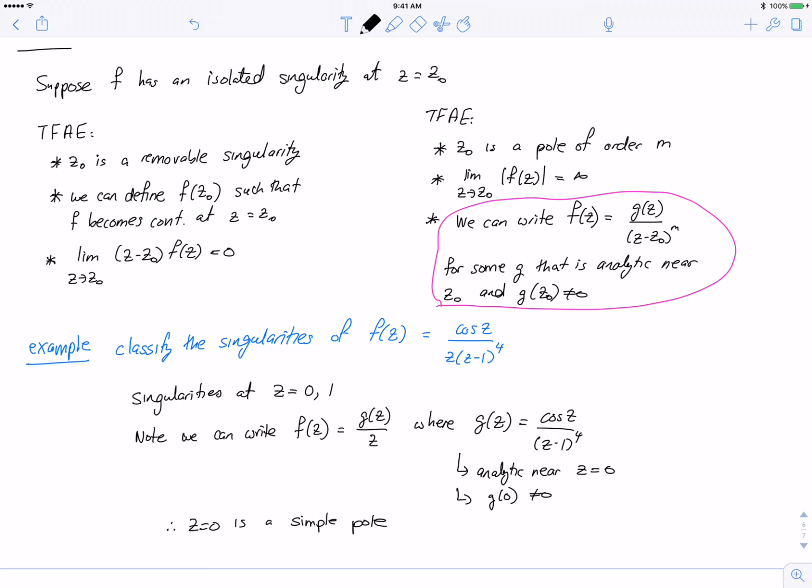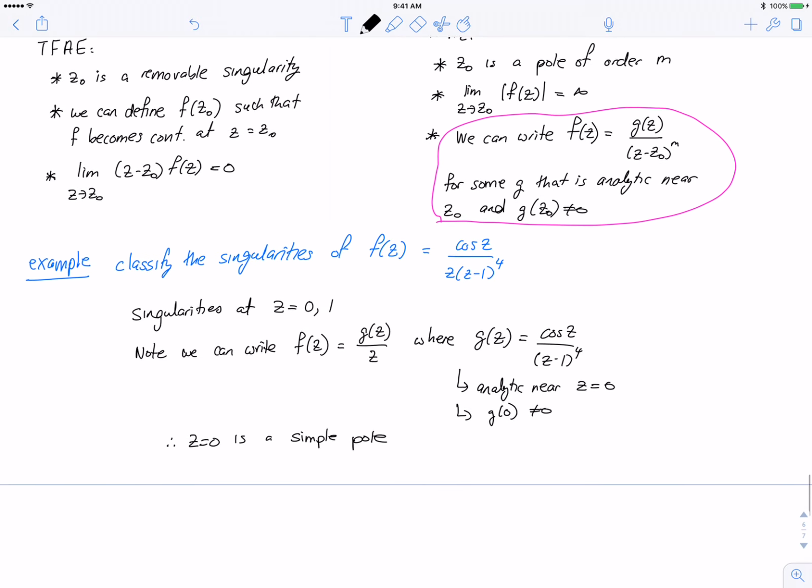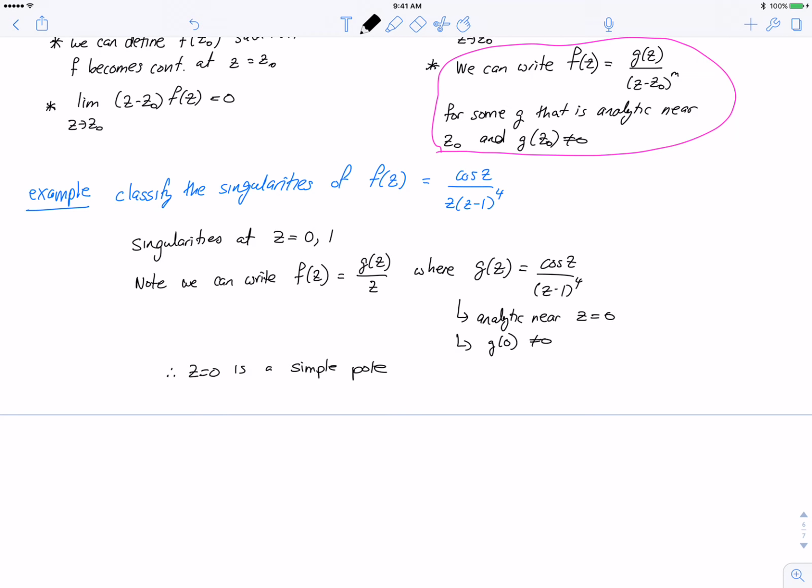In fact, I'm going to use the same trick to classify z equals 1. Note we can write f of z equals g of z on (z minus 1) to the 4, but this time I'm going to take g to be cos z on z.